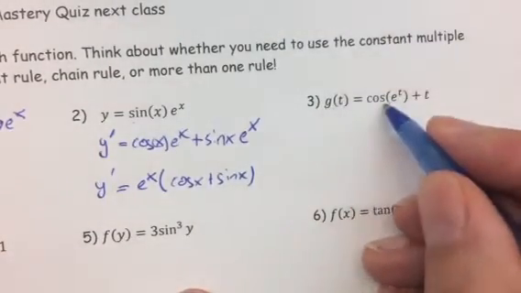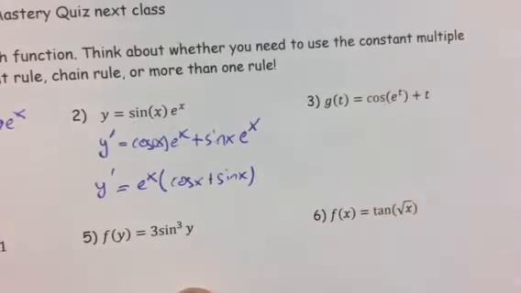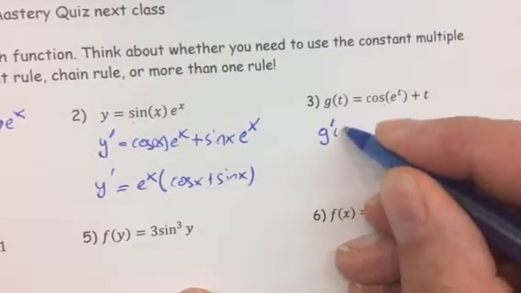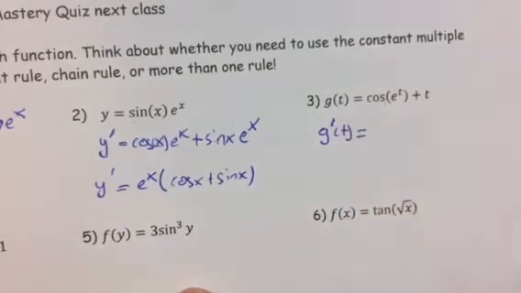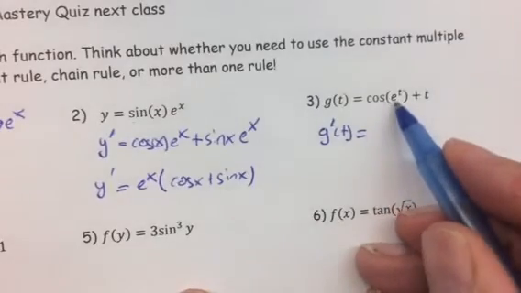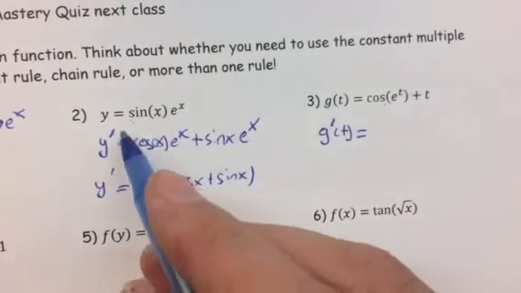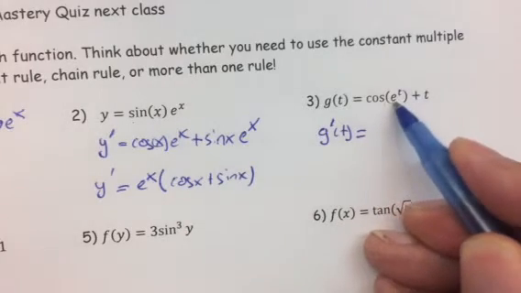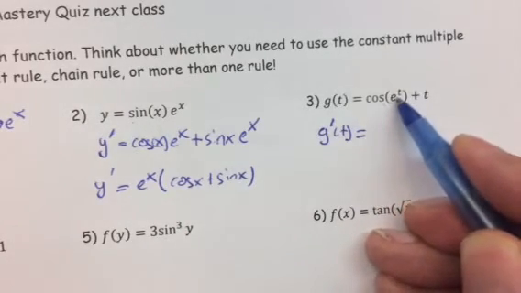Here it's g of t, so this time the variable we're going to be taking the derivative with respect to is t. So we're going to be doing g prime of t equals, okay, cosine of e to the t. Unlike this last one where it was sine of x times e to the x, this is cosine of e to the t. This is inside of the cosine.